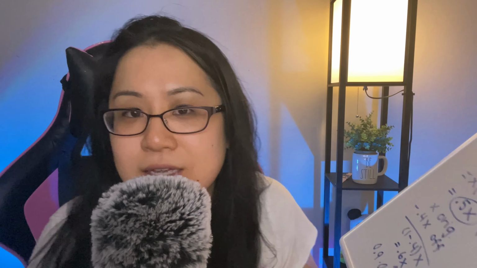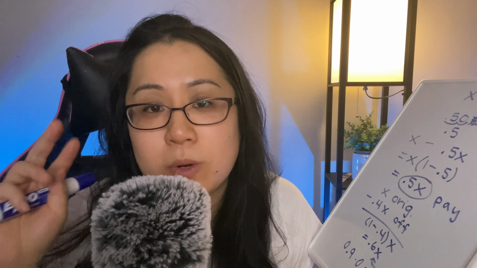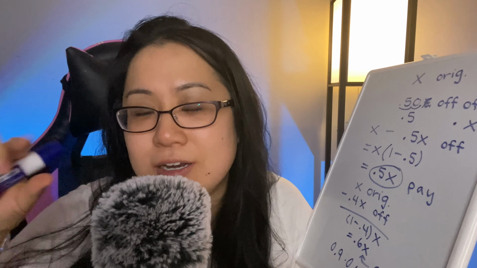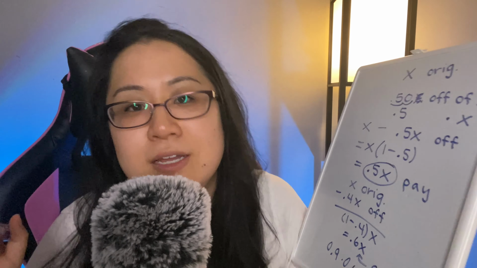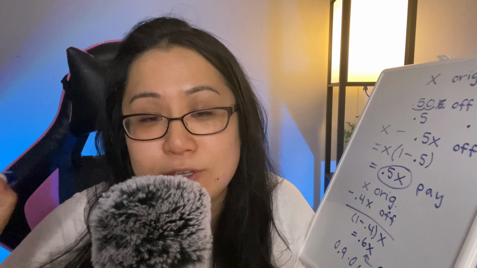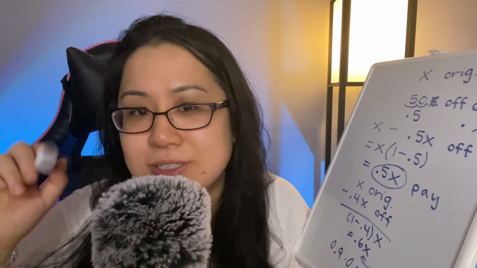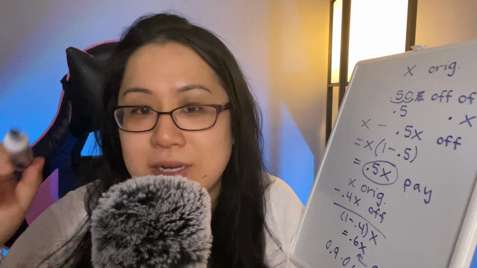But the key thing that I want to emphasize is to keep in mind, first of all, if you're working with a percent of something, or with a flat number of dollars off, make sure that if you're subtracting things, you're not doing a flat number minus some percent. You want to do either flat number minus the flat dollars off to give you a flat number of dollars that you're paying, or you can deal with percents altogether, remembering that the original total amount is 100% minus whatever other percent you're dealing with.